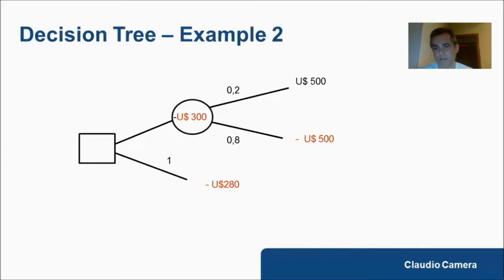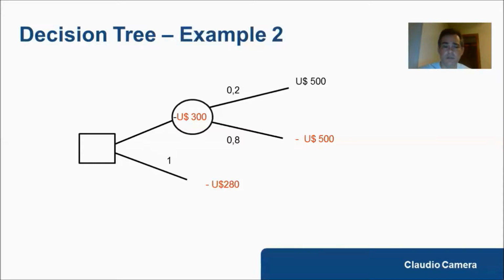And for the other outcome in this branch, you have a positive value of $100. So when you sum up the two terms, you're going to have an expected value of losing $300. So $300 negative is the expected value.